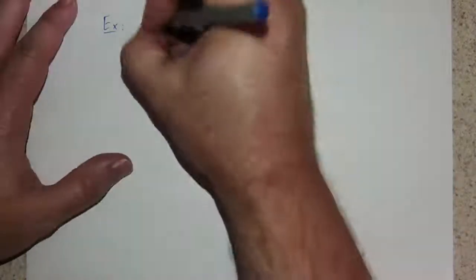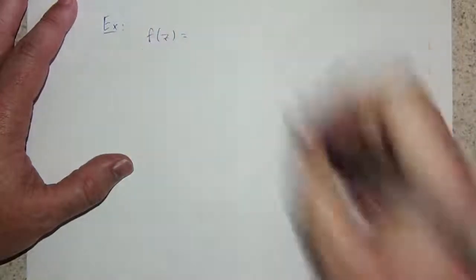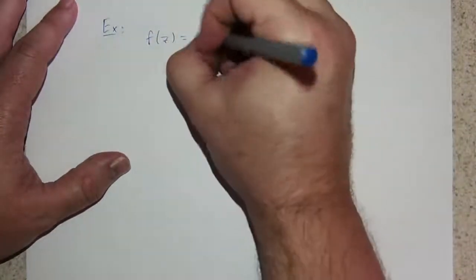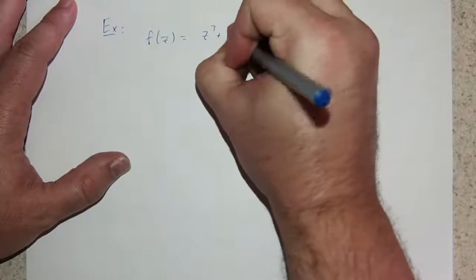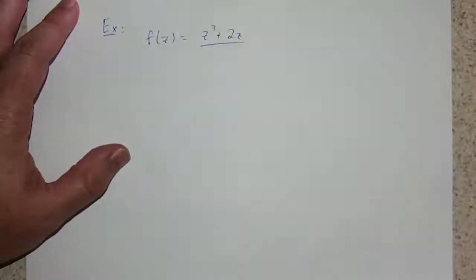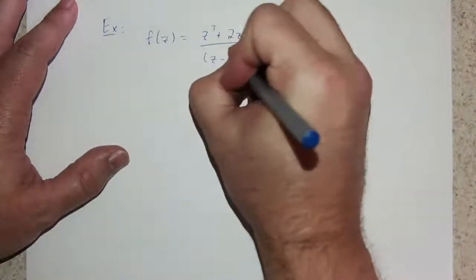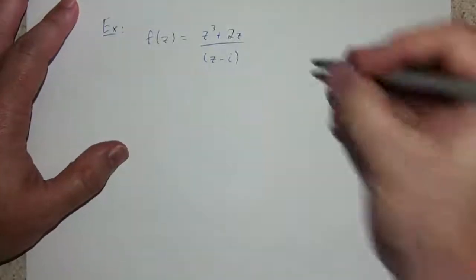Let's do another example, and then I think we'll be done for today. So my next example is, let f of z be z cubed plus 2z over z minus i cubed.